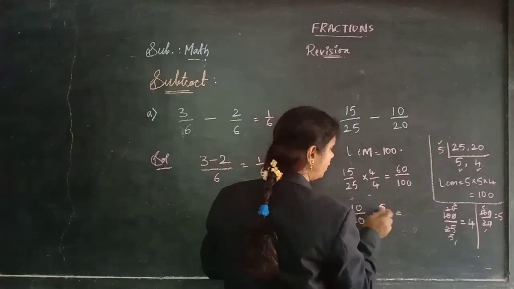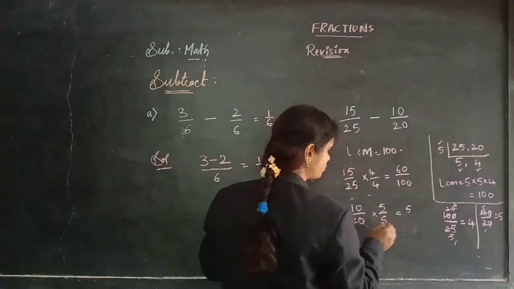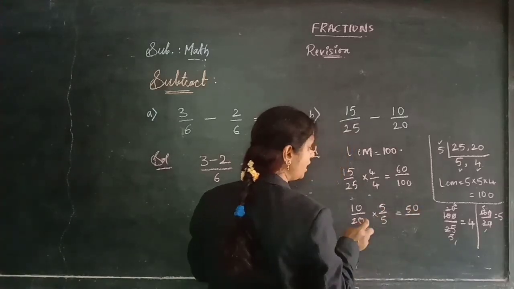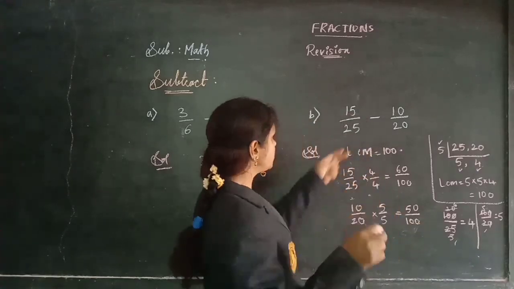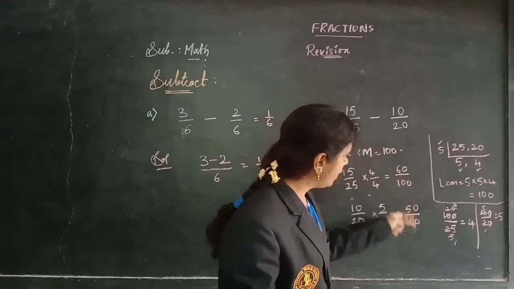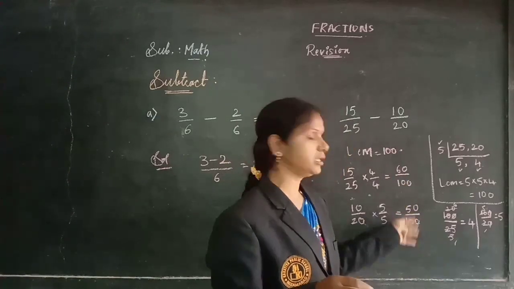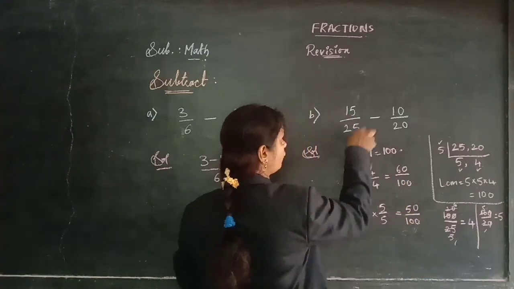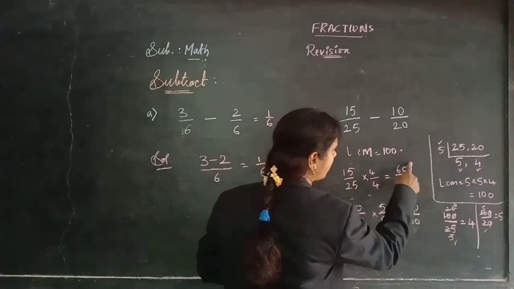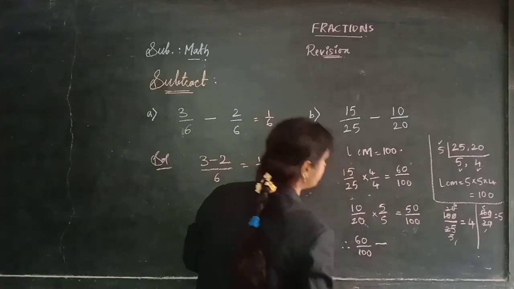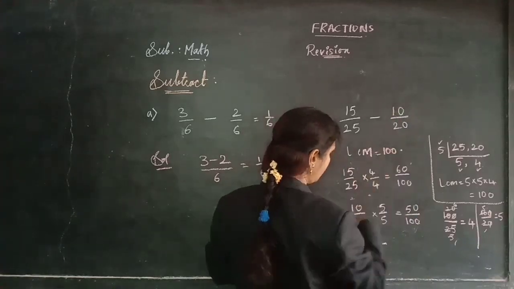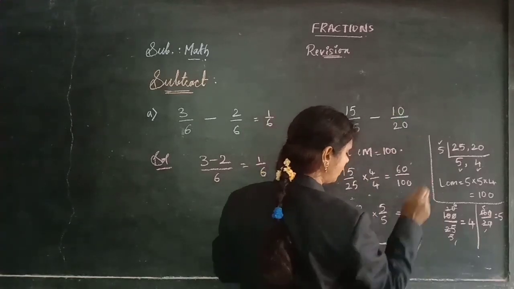Now 10 into 5 is 50, 10 5s are 50, and 20 into 5 is 100. Now I changed these given unlike fractions into like fractions with the denominator 100. So instead of 15 by 25, I can take 60 by 100, minus, instead of 10 by 20, I can take 50 by 100.